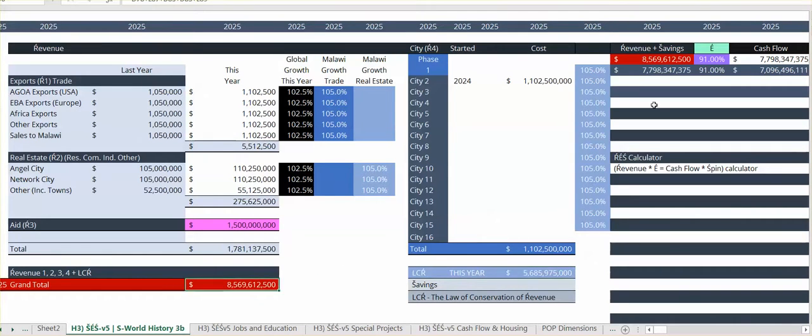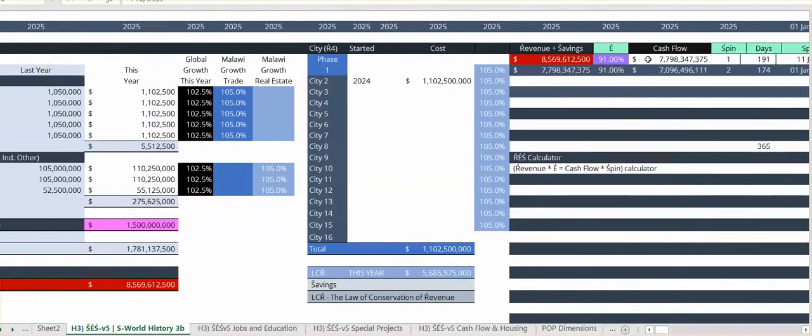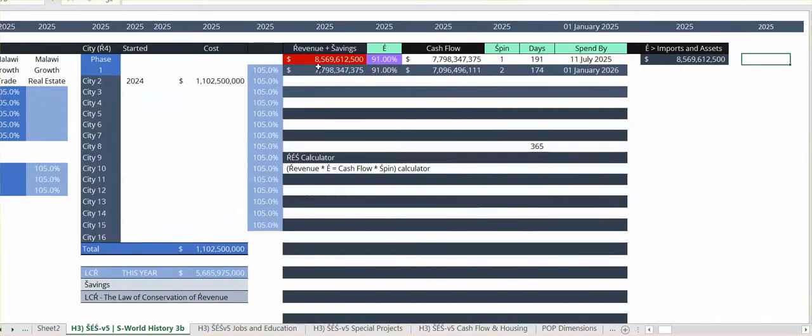All adds up to here, comes into this point, 8.56 now, and again we times it by E to make the cash flow. But this year we do all that before 191 days. Then, because this money's still in the network and has basically come back to the companies it started with, we can do this again.